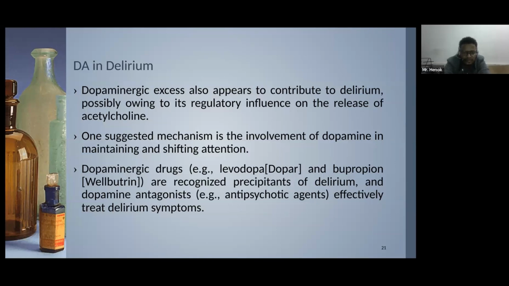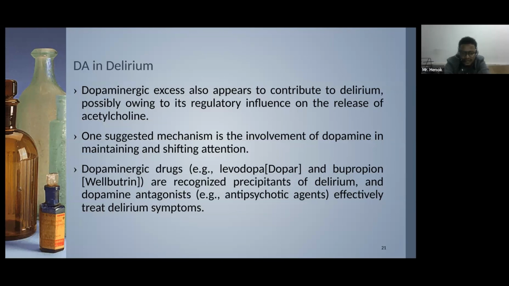The other evidence that supports the role of dopamine in delirium is dopaminergic drugs. For example, drugs that are given for the treatment of Parkinson's disease, like levodopa, and antidepressant medication that decreases the reuptake of dopamine, like bupropion.